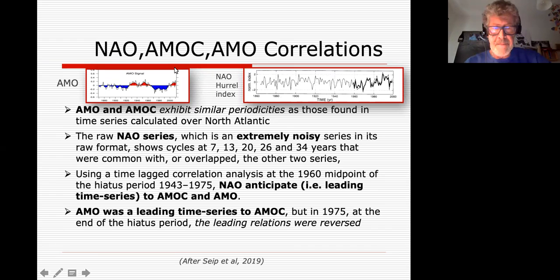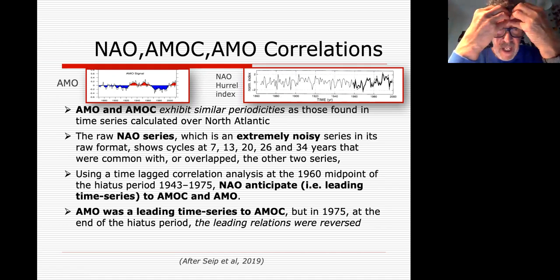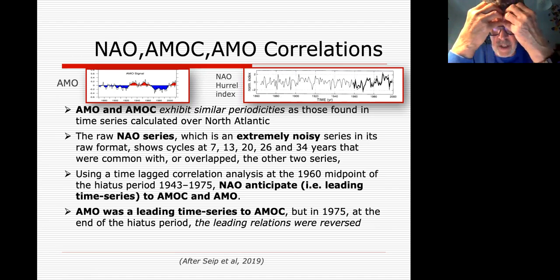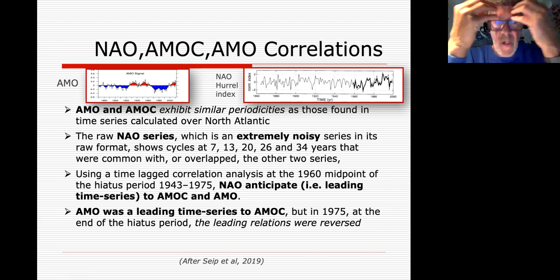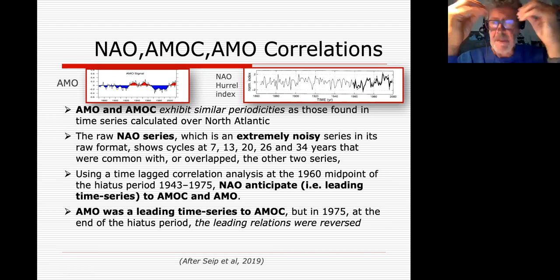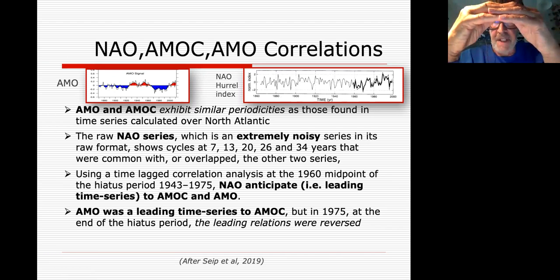And we talk about NAO, AMOC, we already anticipate that AMO and AMOC are or must be related since they are active in the same areas, and AMO and AMOC exhibit, in fact, similar periodicity.